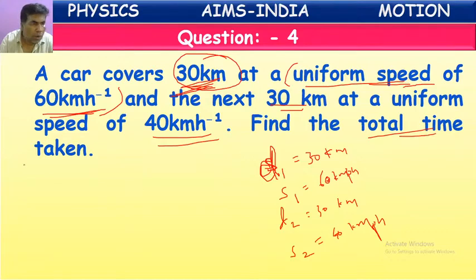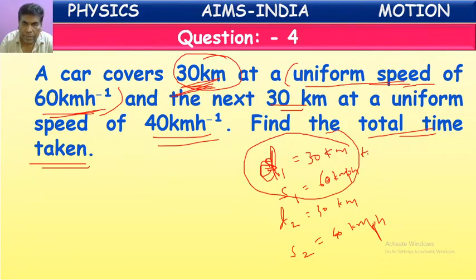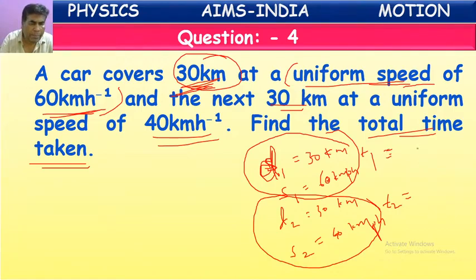Total time. What is the total time taken? We have to find the first time T1 and the second time T2, then we will get the total time. What is the formula for speed? Speed equals distance by time.